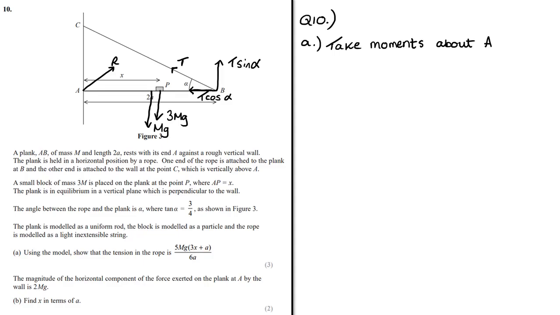So when we say that, we say either clockwise is going to be positive or anti-clockwise, counterclockwise. So I'm going to take moments about A, and I'm going to take anti-clockwise as being positive. It doesn't actually matter which way you go here. It's completely up to you. It's not wrong if you say clockwise is positive. You should get the same answer as long as you do all the maths correct as well. Okay.